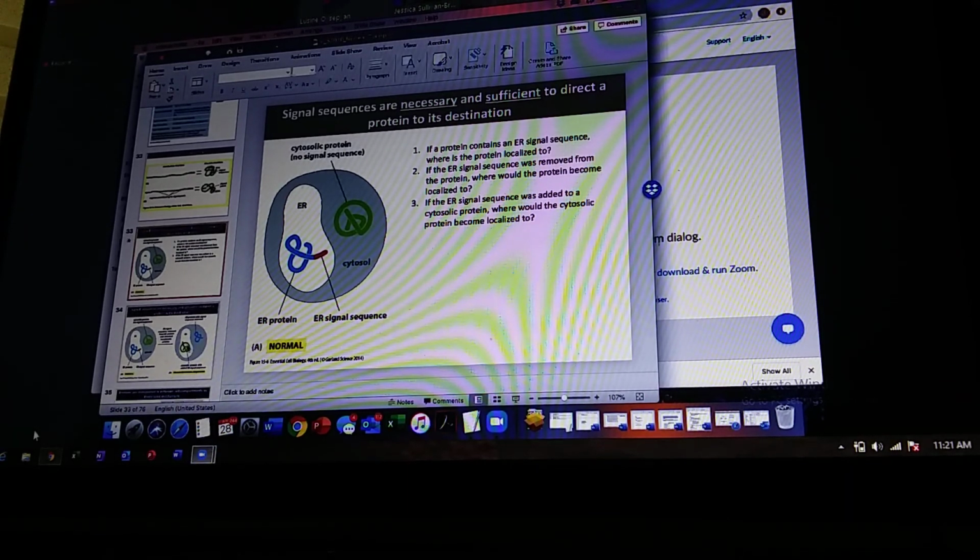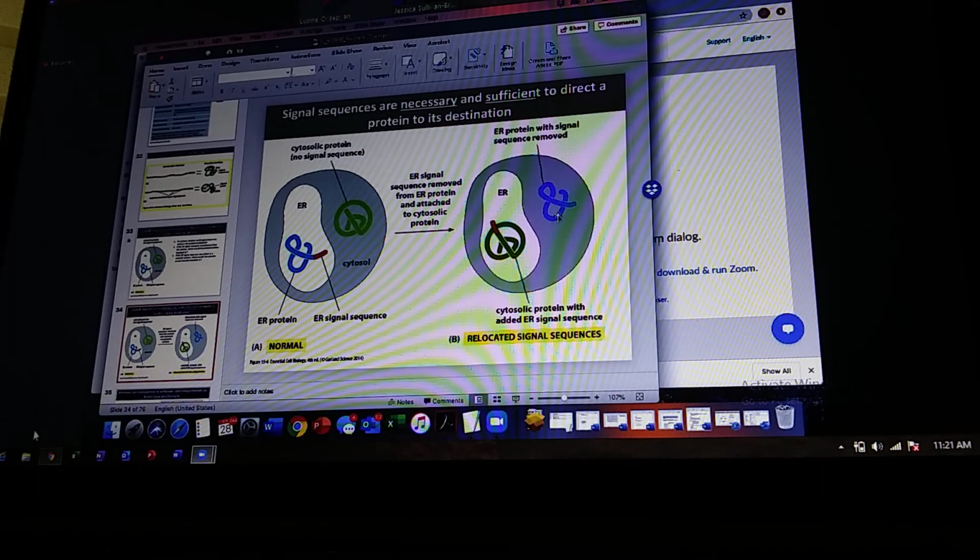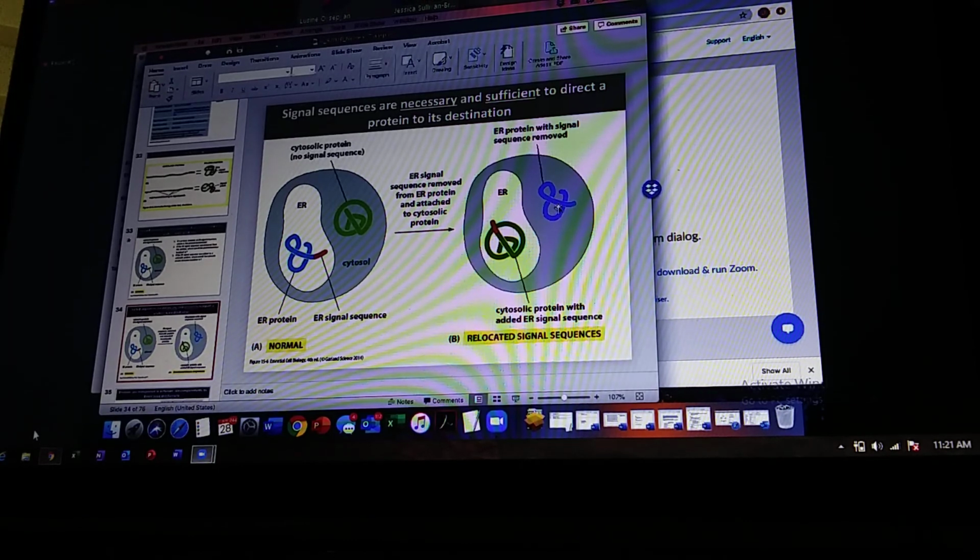And so when they did that experiment, you remove the ER localization signal sequence, the ER protein is now found in the cytosol. It's no longer found in the ER. So that suggests that the ER signal sequence is necessary to give instructions for that protein to become localized to the ER.